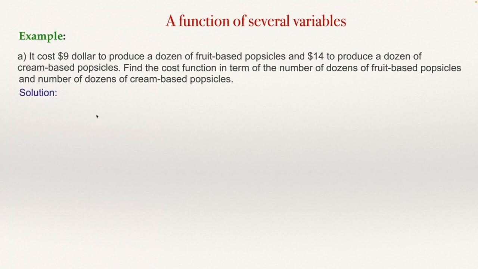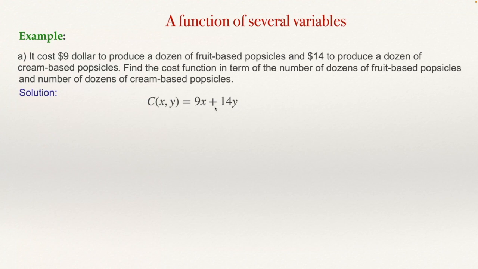So I notice that the cost function will be $9 times the number of dozens of fruit-based popsicles, and I need to add 14 times the number of dozens of cream-based popsicles. So in this case, we have a function of two variables.